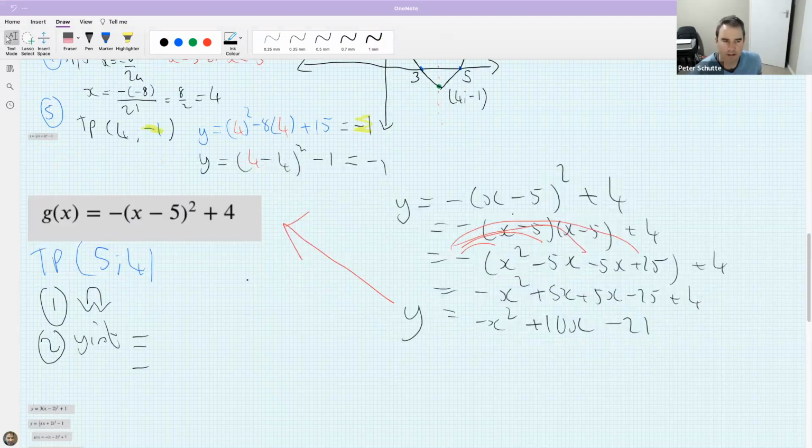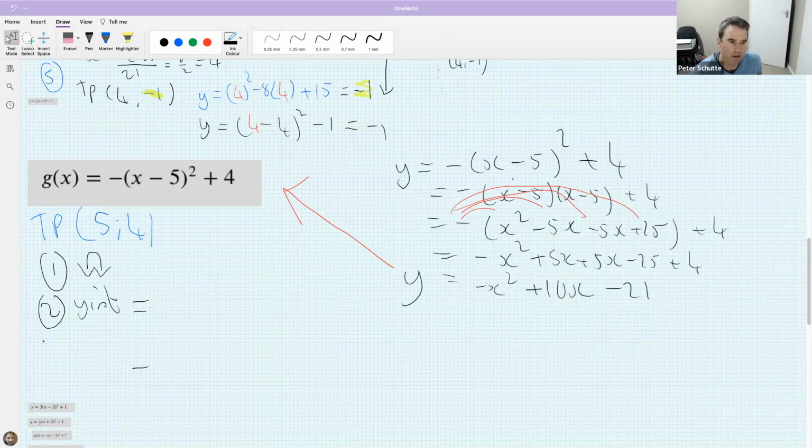Step 2, what's my y-intercept? Yep, Mbali and Zanele, it's going to be minus 21. What's my x-intercept going to be?